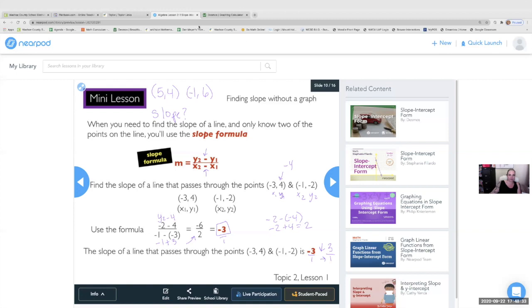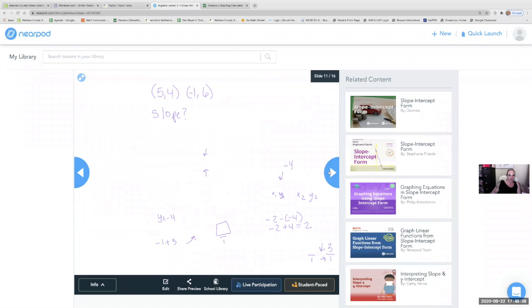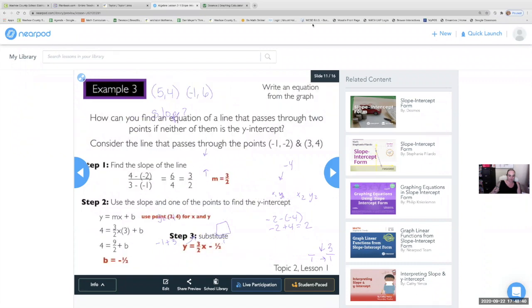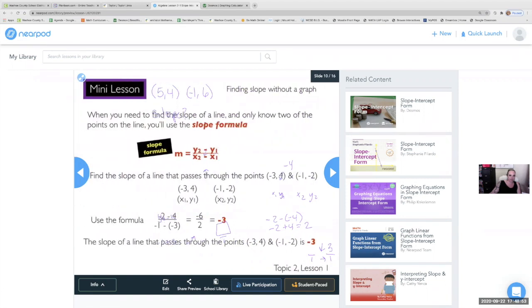Okay. So let's see where we're at. So you found the slope. It should have been, so applying the steps here. Wait a minute. The slope, we'll go back to this. This is just a mini lesson.